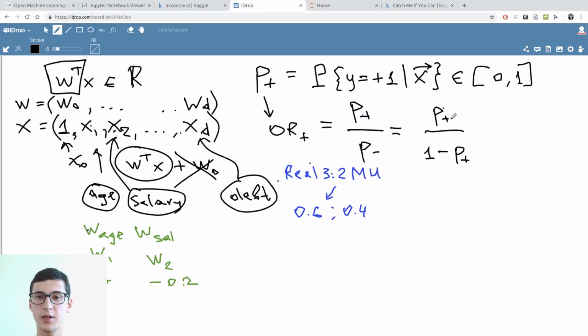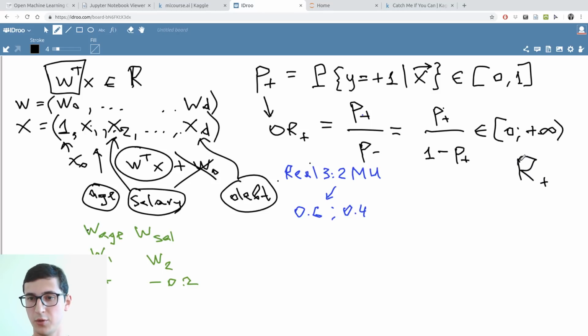Either we predict class plus 1 or class minus 1. So these probabilities shall definitely sum up to 1. Okay, so actually this odds ratio will now be lying in this interval from 0 to plus infinity, or the same as R plus. So these are going to be non-negative numbers.